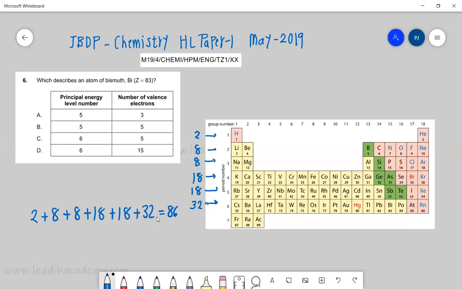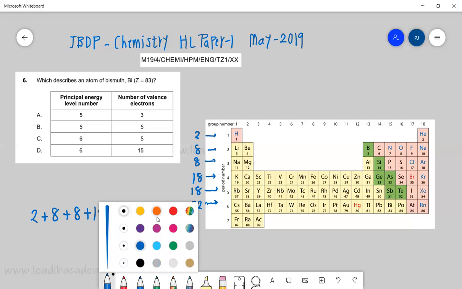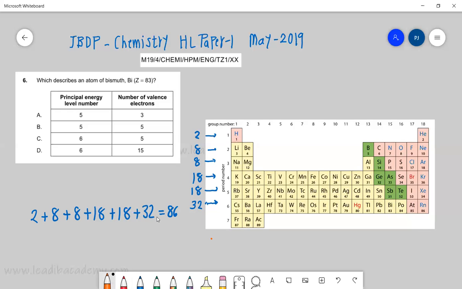While bismuth has only 83, so let me put it very clearly so that there is no confusion. This is period number 1, 2, 3, 4, 5, and 6. Why period number? Because that represents the principal energy shell.